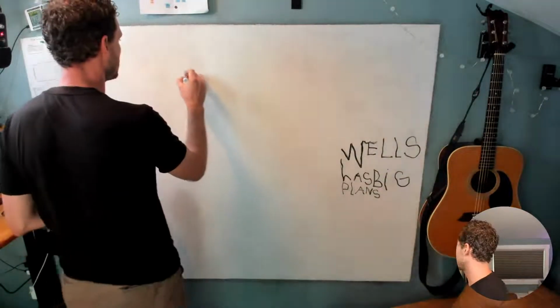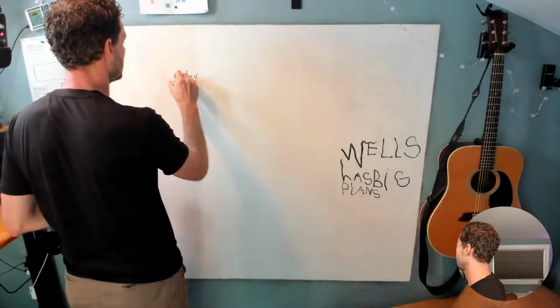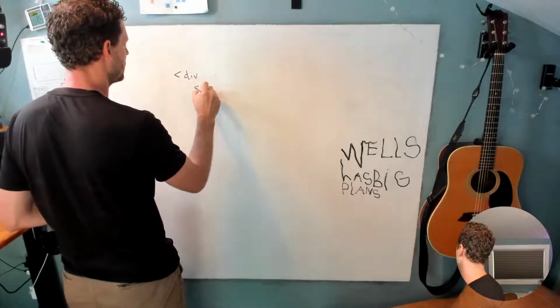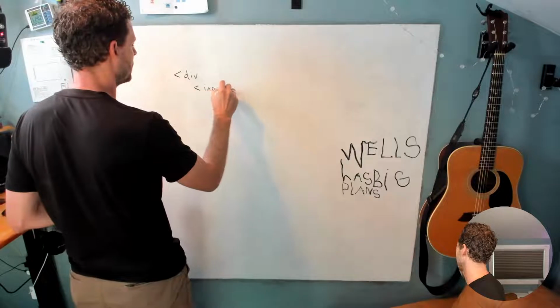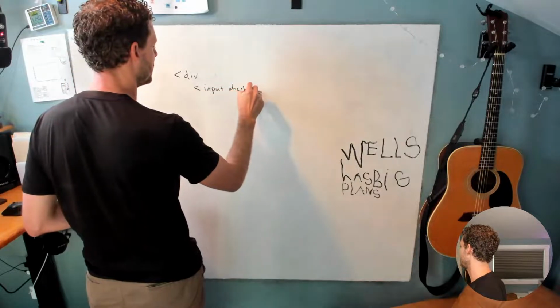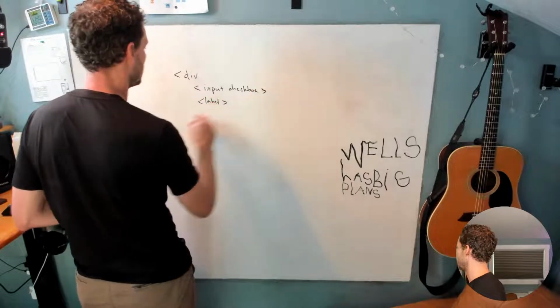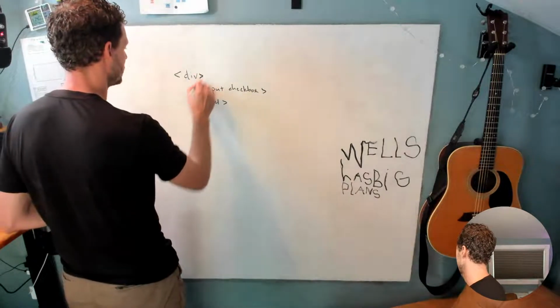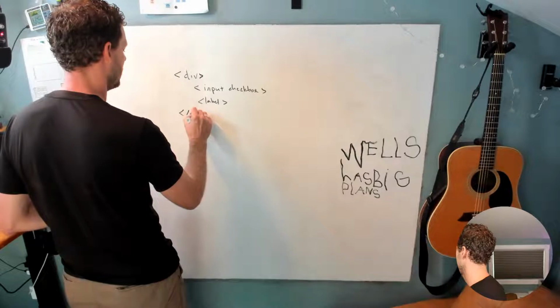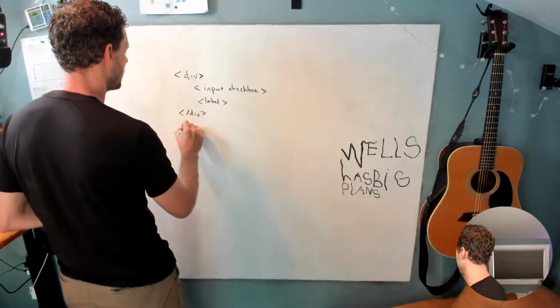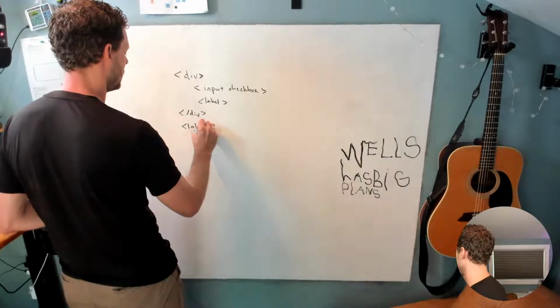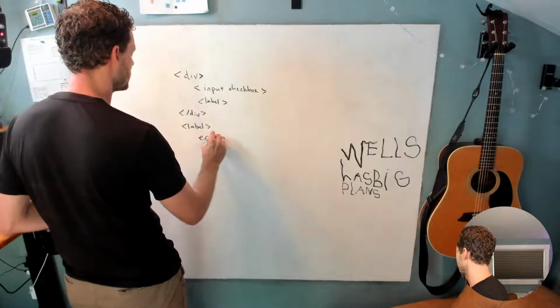So yeah, we have a div here. We've got an input checkbox here. We've got a label here. And then this div ends. And then we've got our label here with the error message.